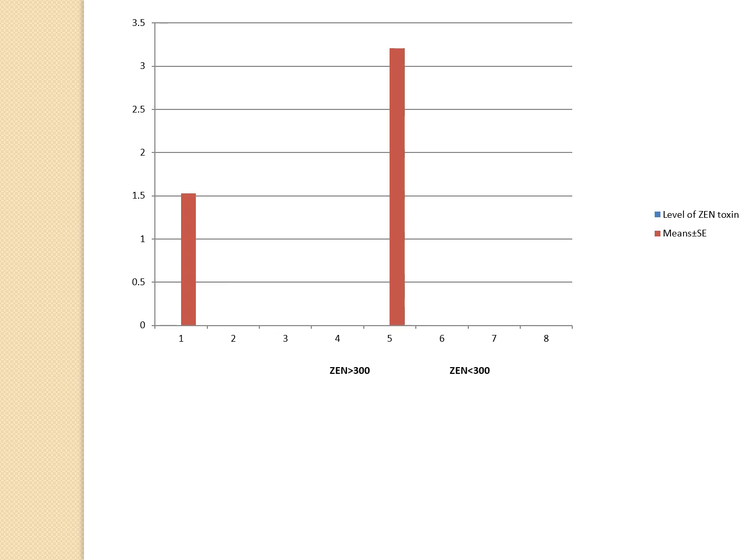Here's the graph diagram in which we detect zearalenone less than 300 parts per billion and zearalenone more than 300 parts per billion, and their effects on the cattle.